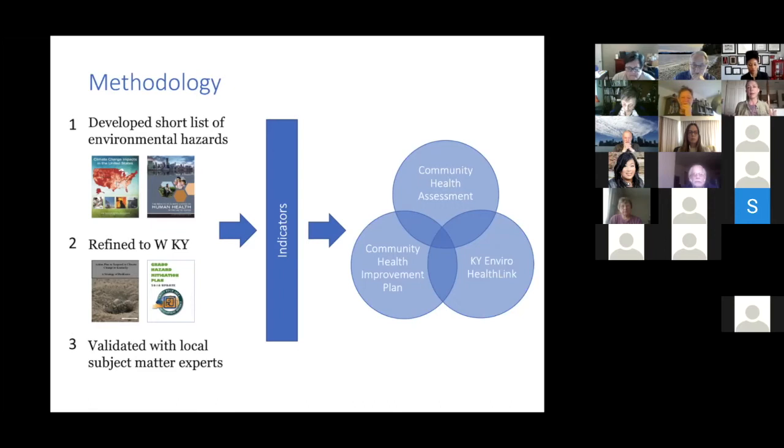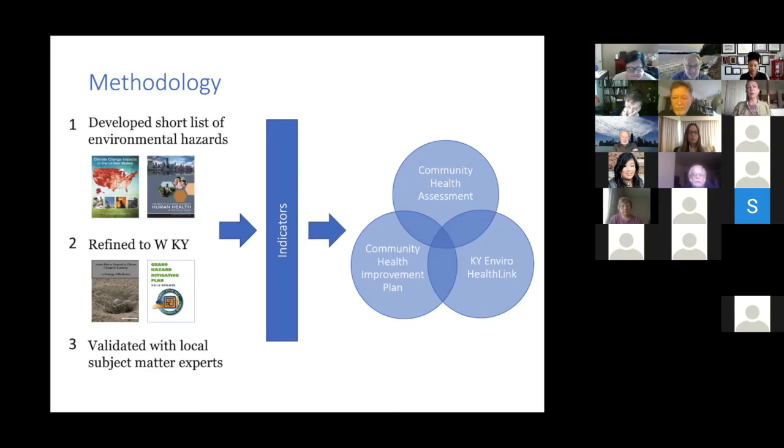So when I say indicator, I'm talking about metrics that have a specific scientific definition, and we tried to use indicators that had the same definition at multiple geographic scales so that we could compare what we were finding at the county level to what was going on at the state level and the national level, so that we could do some sort of benchmarking to understand where these different counties sat in comparison to their peers, in comparison to the state, and in comparison to the country.